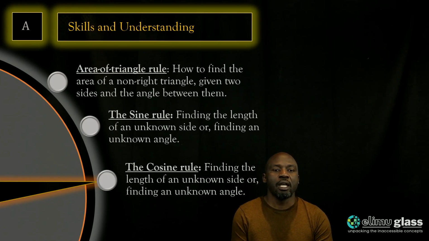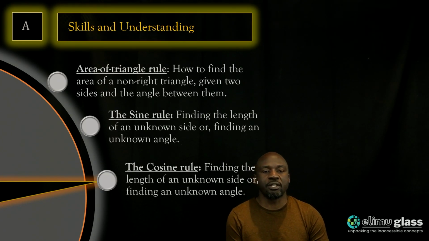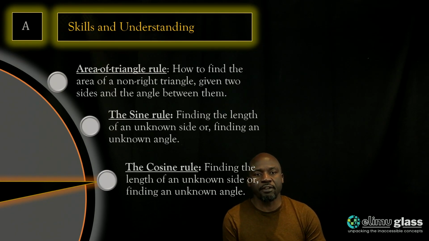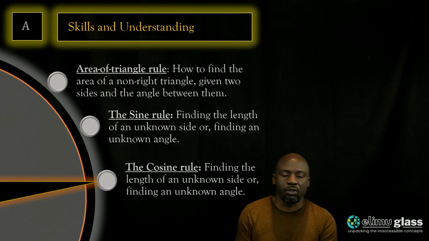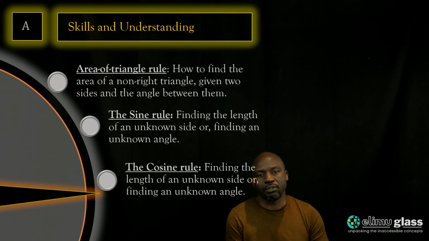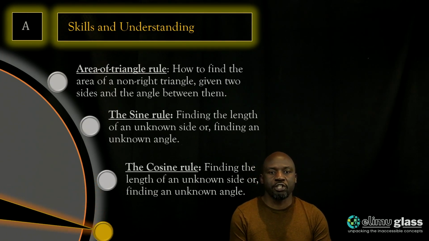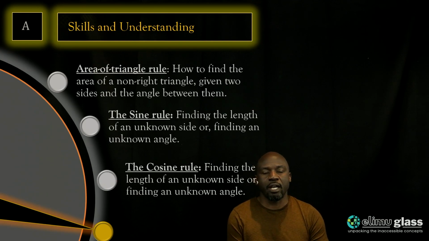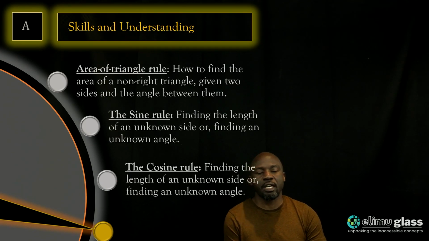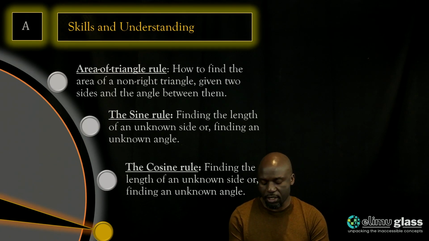We will briefly try to understand when it is best to use the sine rule and when the cosine rule is better. And of course, after that, we'll look at application of the triangle rules, both in bearing and navigation and other areas like construction and so on, okay?